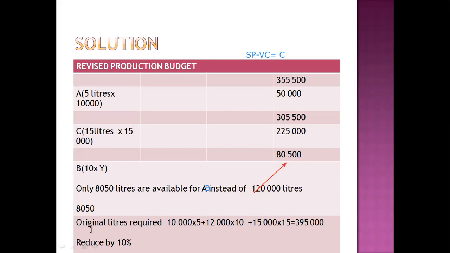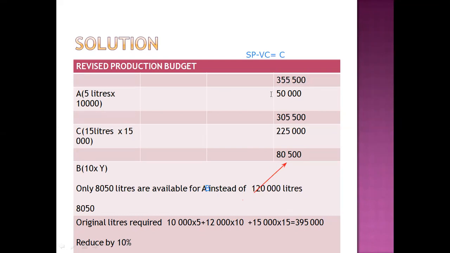Okay, maybe to just recap for others who have missed this one, we are saying 10,000 times 5,000, 12,000 times 10, 15,000 times 15, we get 395. We reduce this one by 10%, then we get our available liters, which is 355,500.